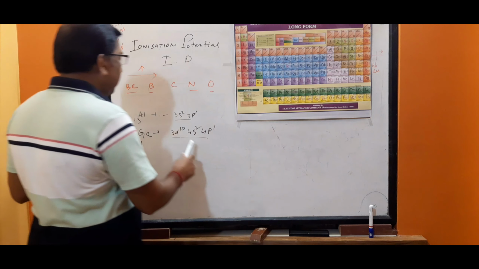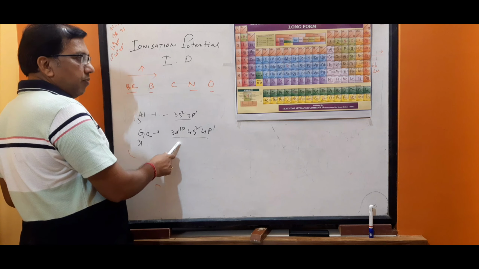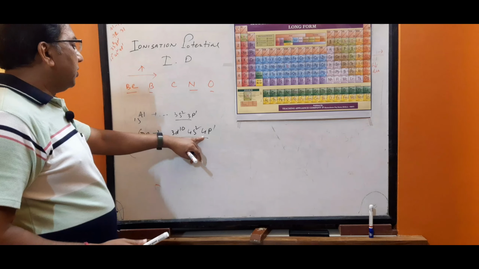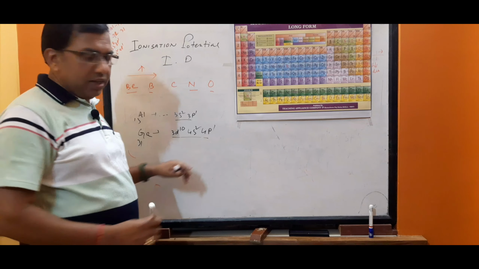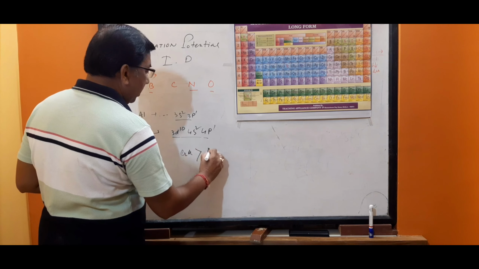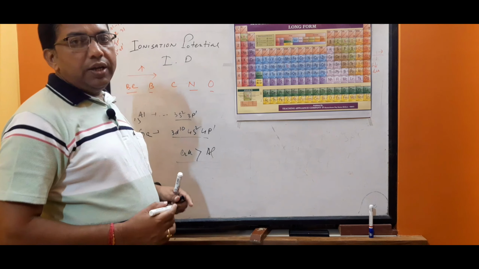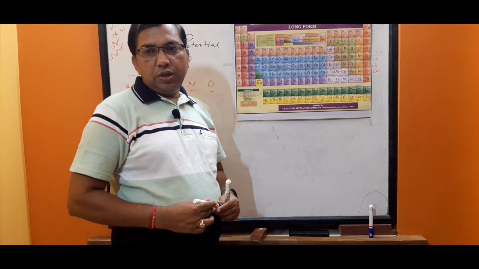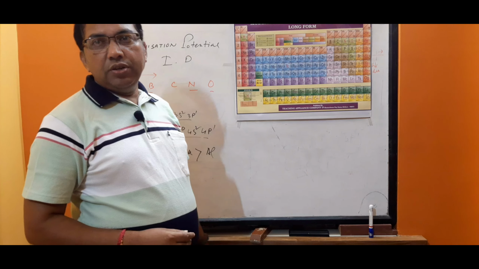But here the shielding effect is less, so IP in this case will be greater. So gallium will be greater than aluminum, which is against the rule according to the period. Clear?